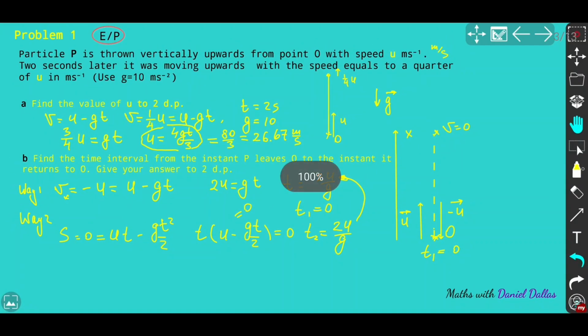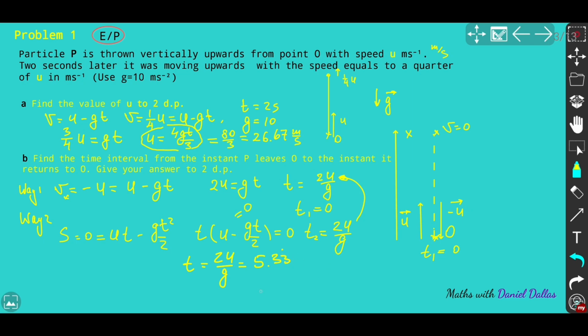So, okay, let's calculate time. Finally, time is going to be equal to u over g. If you plug in the values, just times 2 and over 10, we'll get 5.33 recurring.